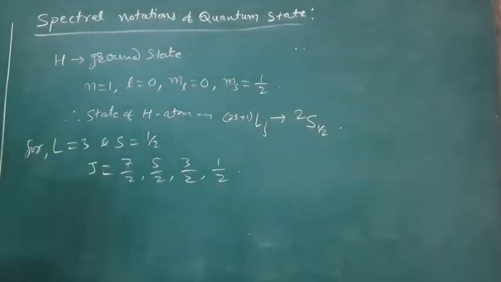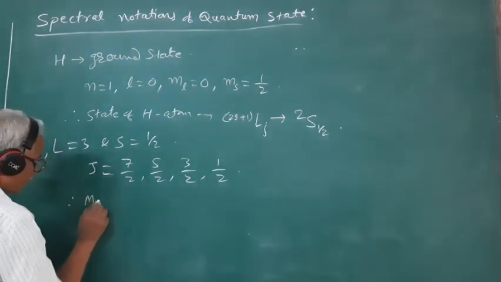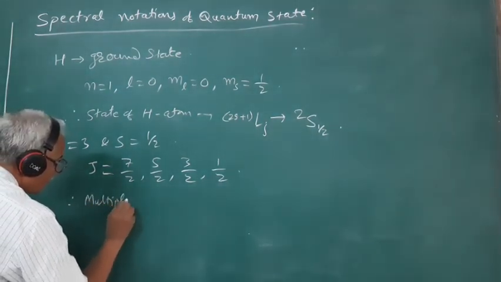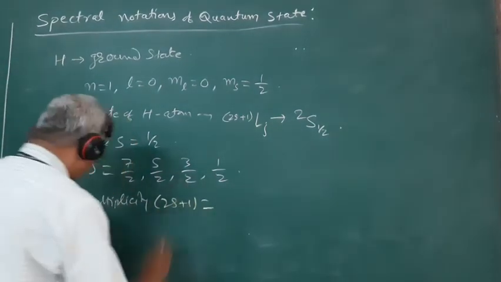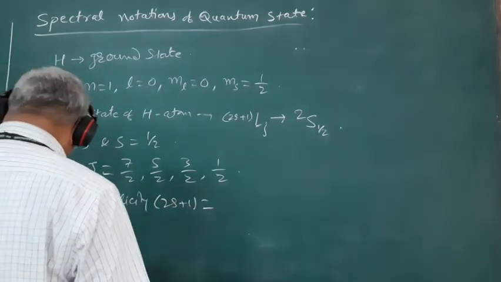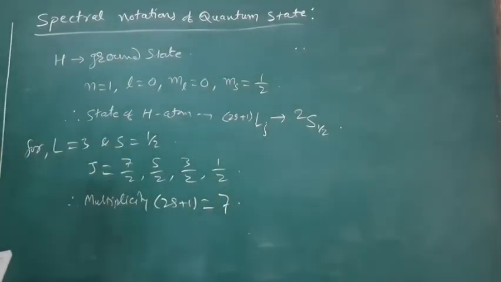These are the possible values of J for L equal to 3 and S equal to 1/2. So that the multiplicity, that is twice S plus 1, works out to be equal to 2.